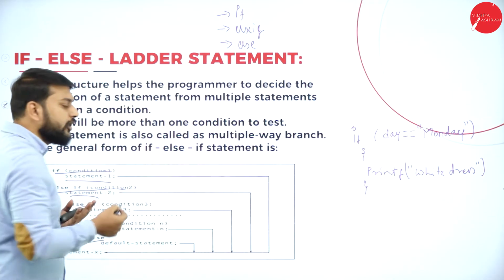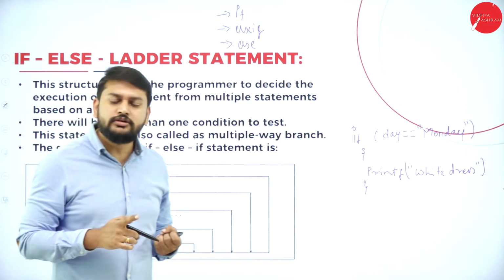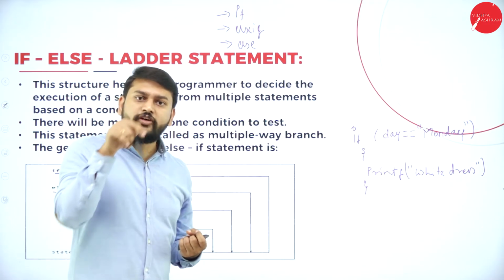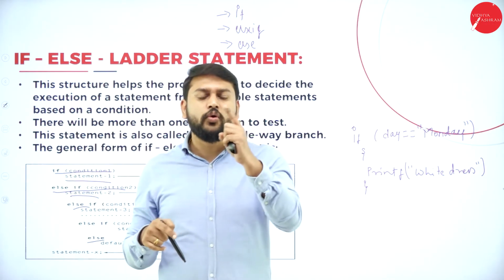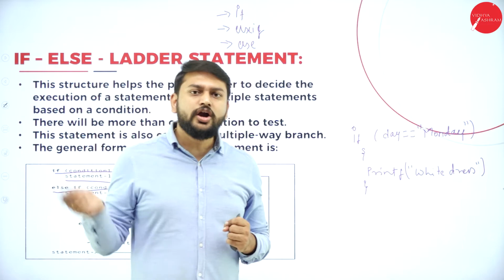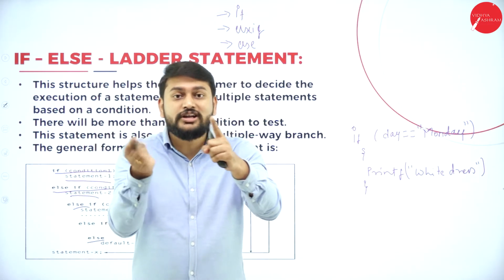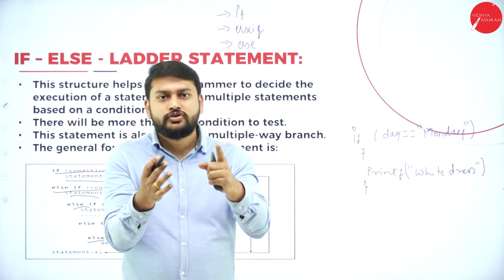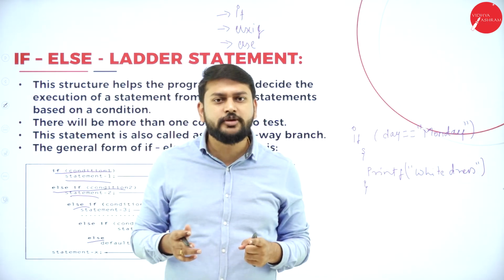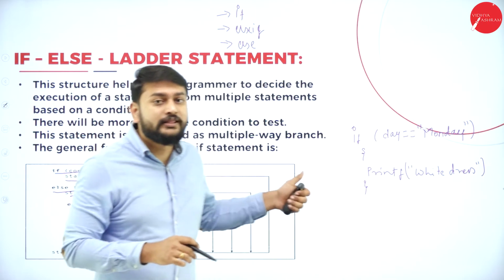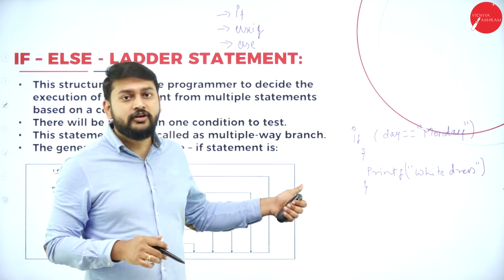I cannot use simple if because I can check only one condition. I cannot use if else. In that also I can check only one condition. I cannot use nested if because condition inside condition I am not checking here. So what is the next type of if statement that I have? I have the ladder if.